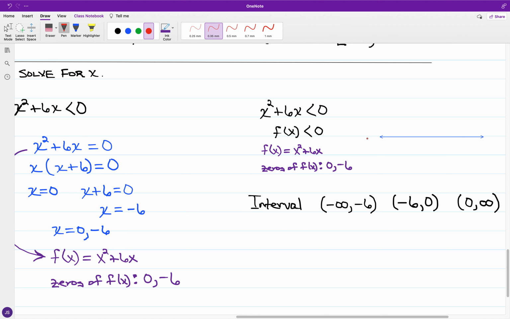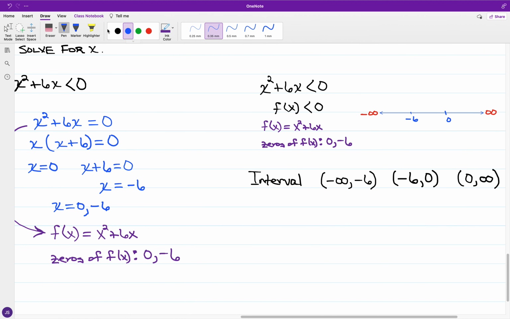So you have concepts throughout the real number system, referencing negative 6 and 0. Again, you have values of x less than negative 6, those between negative 6 and 0, and those greater than 0.